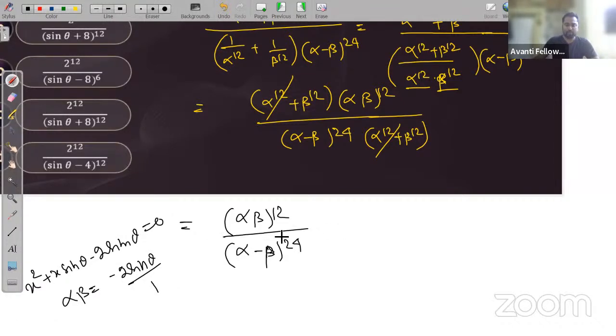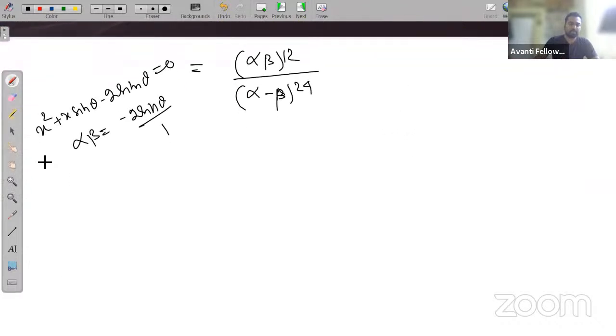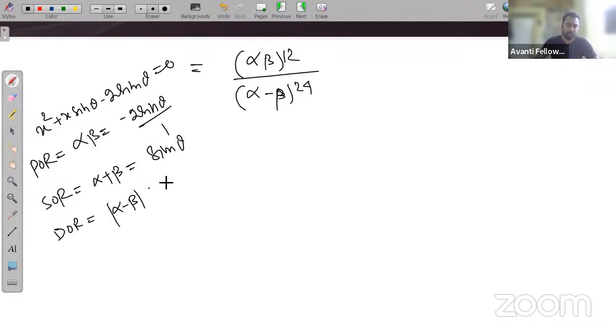And sum of roots. This is my product of roots. Then sum of roots is alpha plus beta, that is minus sine theta. Okay, so we need the difference of roots. Difference of roots, that is mod of alpha minus beta, which is root of D upon mod a.